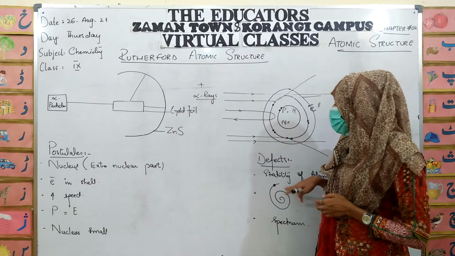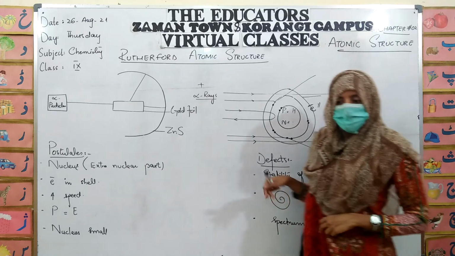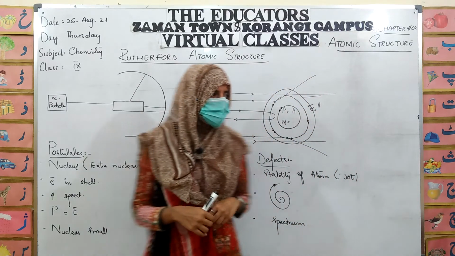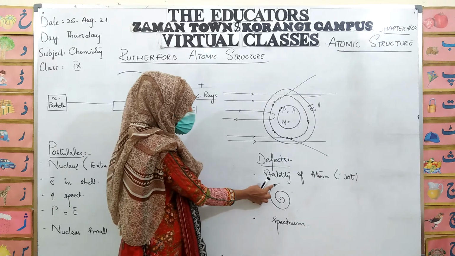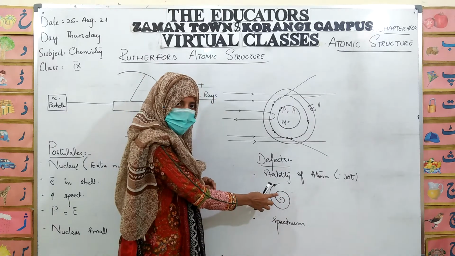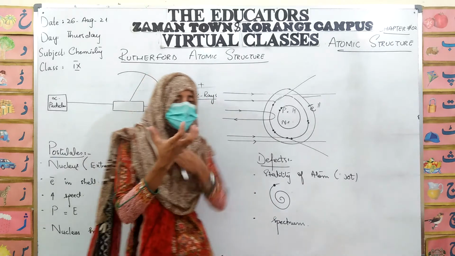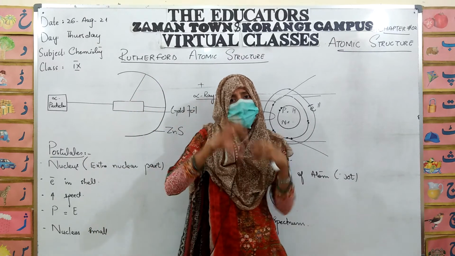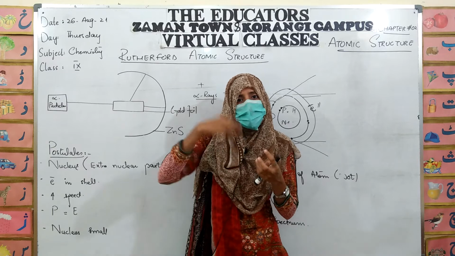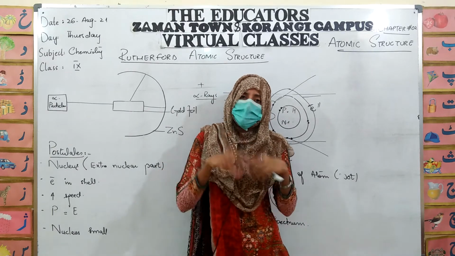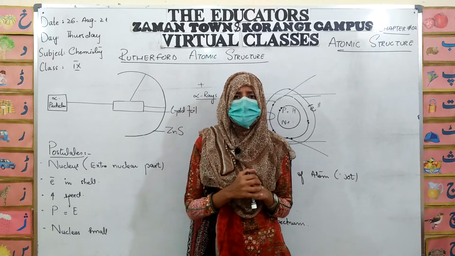The second point is that according to Rutherford, electrons revolve in the orbits with a high speed. So when the electron revolves in the orbit with a high speed, it will radiate energy rapidly. Isn't it?